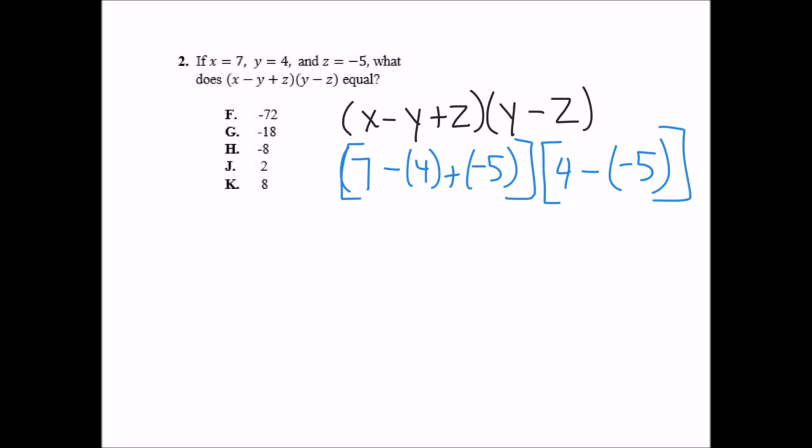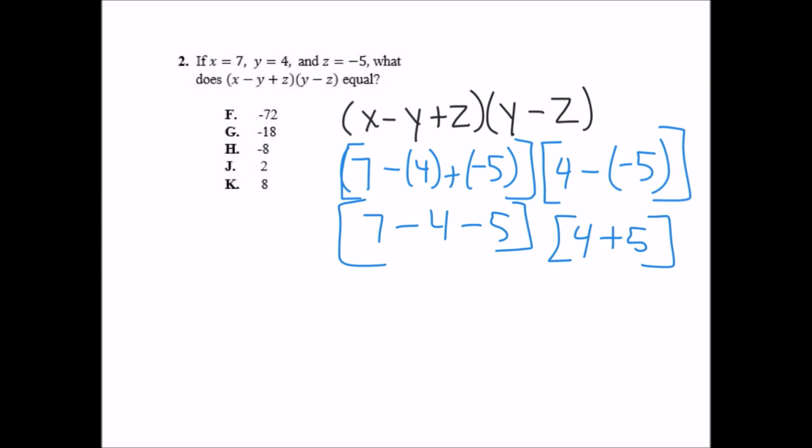As a result, these negative symbols get to do their job and reverse the signs. So it's really 7 minus 4 minus 5 in parentheses times 4 minus a negative 5, or 4 plus 5.